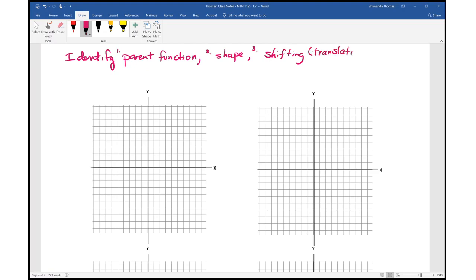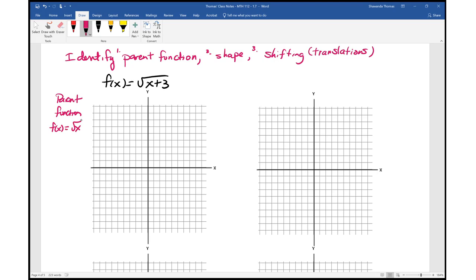All of it means the same. If we had f of x equals the square root of x plus 3, what is the parent function? Parent function is f of x equals the square root of x. It is the square root function.